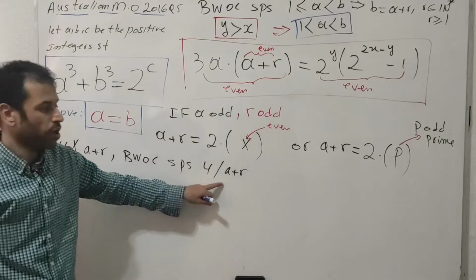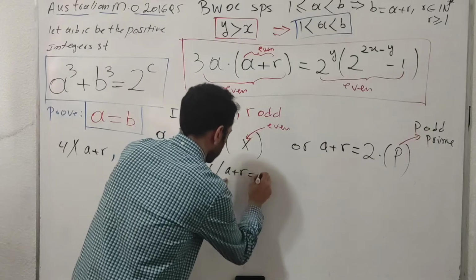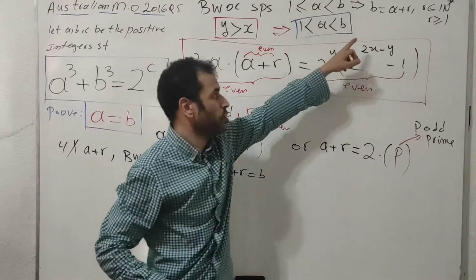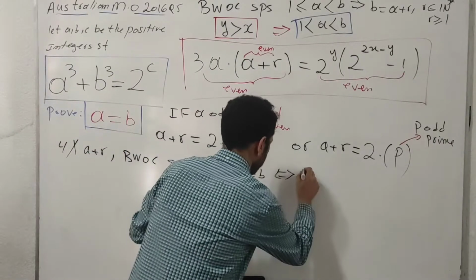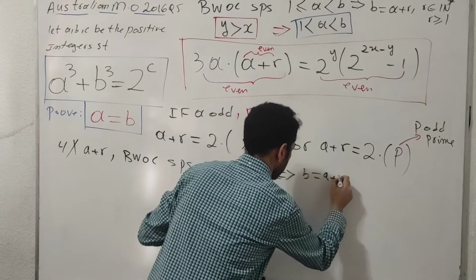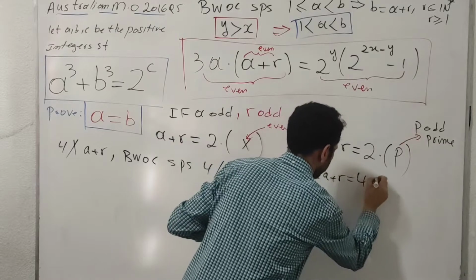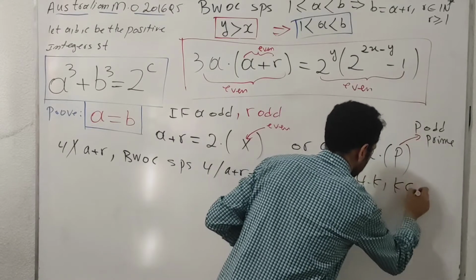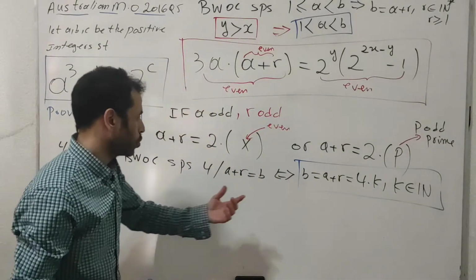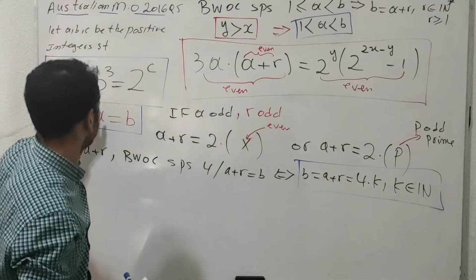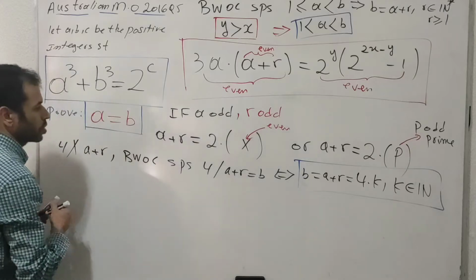4 divides A plus R, and A plus R equals B from the previous conditions. According to the divisibility statement, we'll have B equals A plus R equals 4 multiplied by K, where K is some natural number. Okay. B is a multiple of 4. Now I'm going to take this value and insert it into the original equation to see what it's giving us.